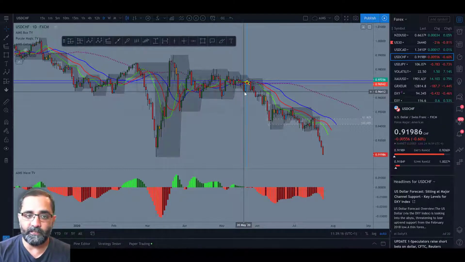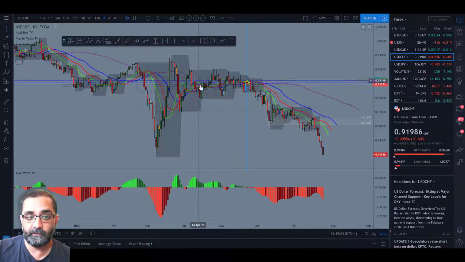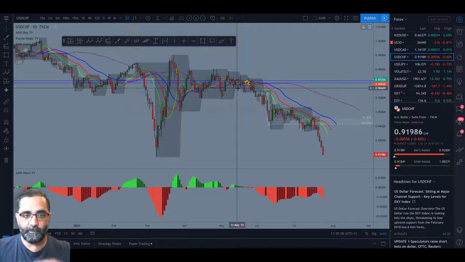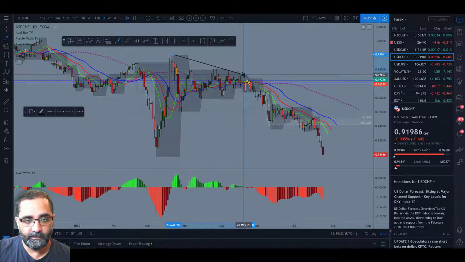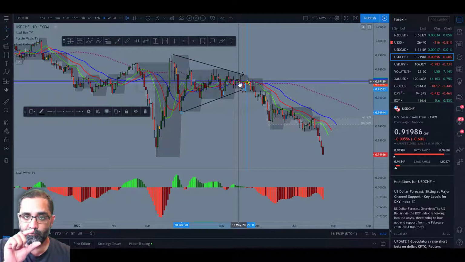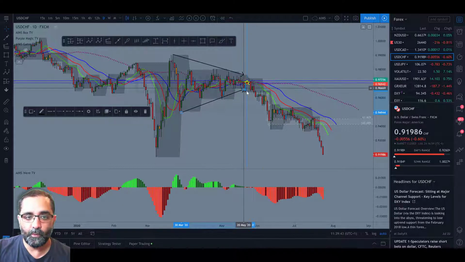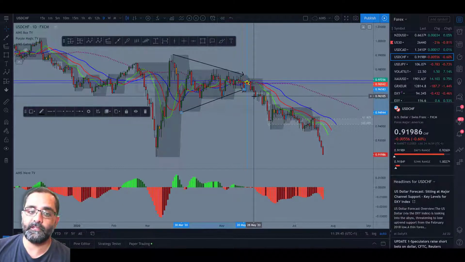Bill Williams' idea of a saddle point is that when the gator is sleeping and the market goes sideways for an extended period of time, like it was on this, and the market is squeezing, that box is tightening, as you can see, kind of created a contracting triangle, right? And when it contracts, and if you use the Bollinger Bands, the Bollinger Bands are going to be very tight at that region. When the breakout happens, it's usually significant.